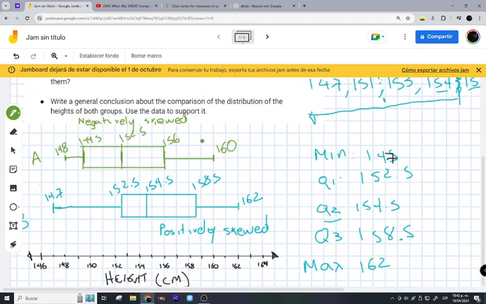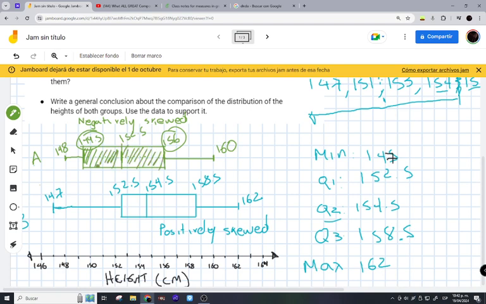So that 6.5 tells you something. Remember, interquartile range is this minus this. That tells you the length of the box. And remember, in the box, there are 50% of the values distributed across all of this section.